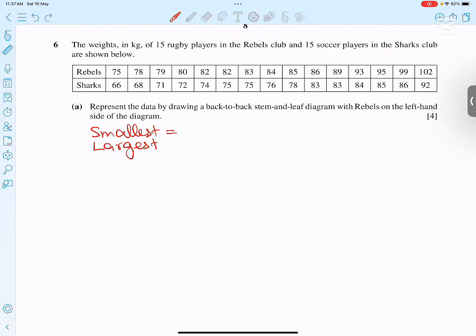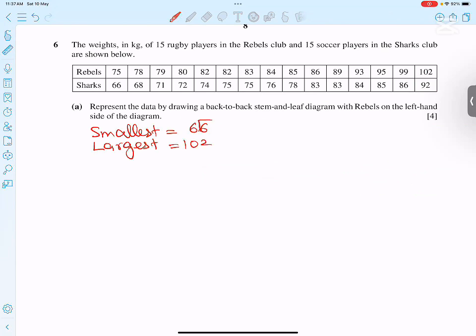Let's see what the smallest number is. We have 71, no. 68, no. 66, we have the smallest here. I think 66 is the smallest. Highest is 102, and any other, no. So 102 is the highest.